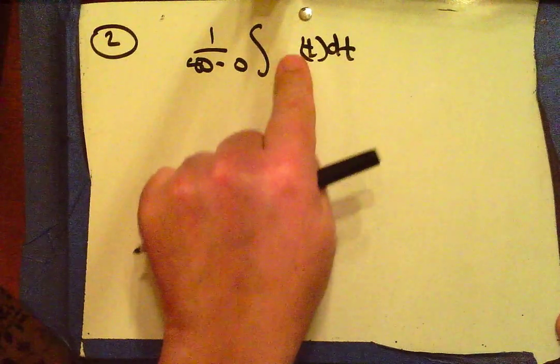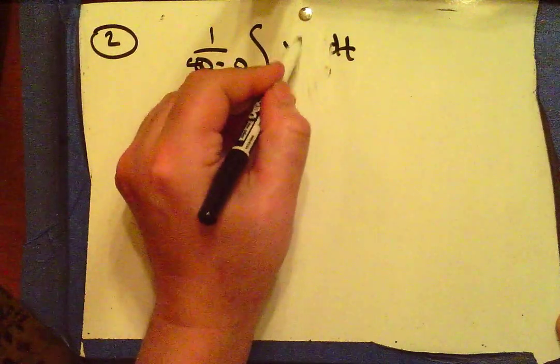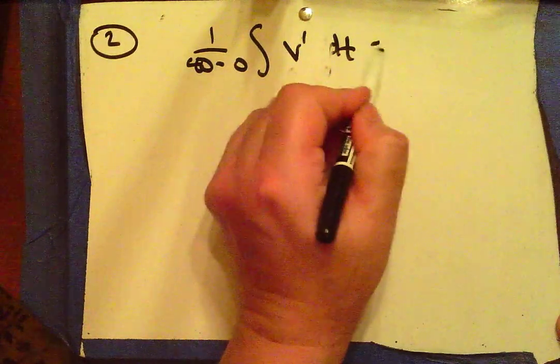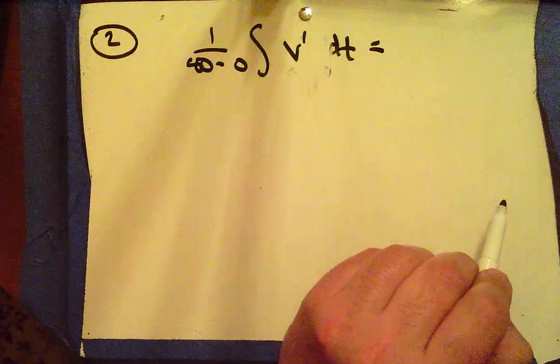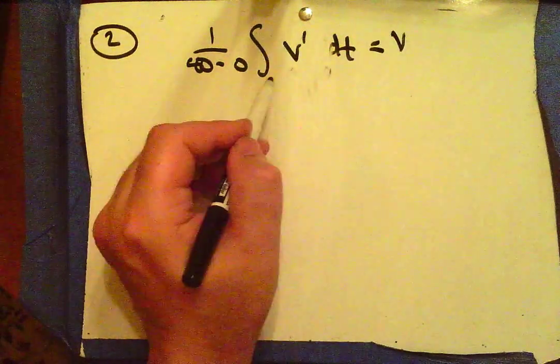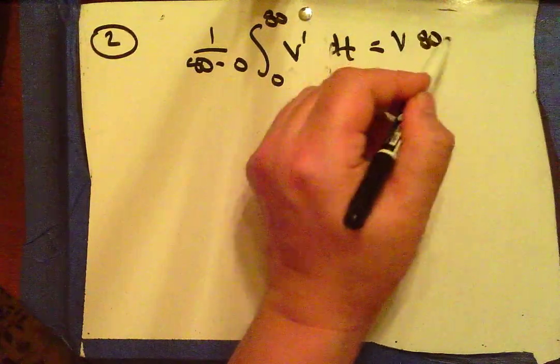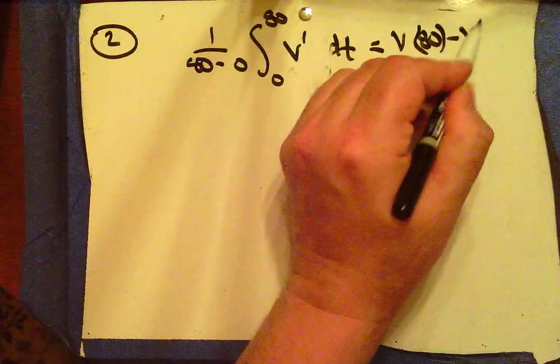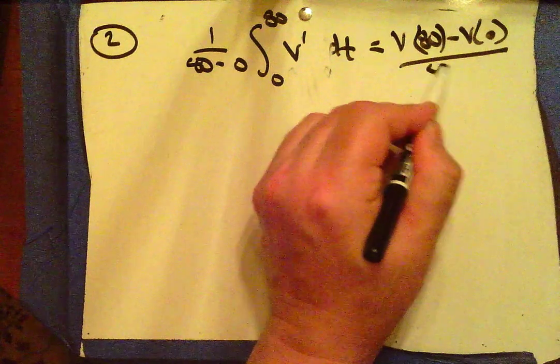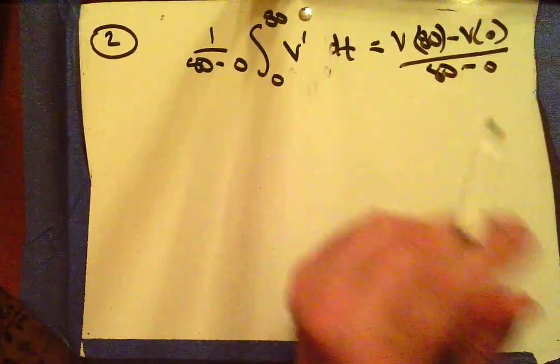Now, a of t is the same as v prime. And remember, according to FTC2, this would be v of 80 minus v of 0 over 80 minus 0.